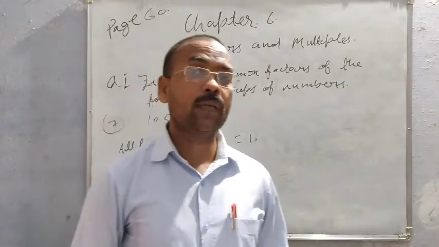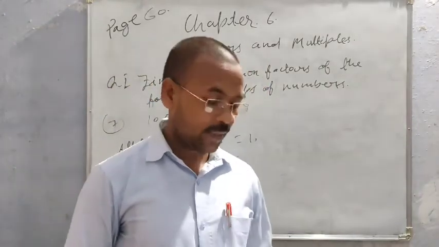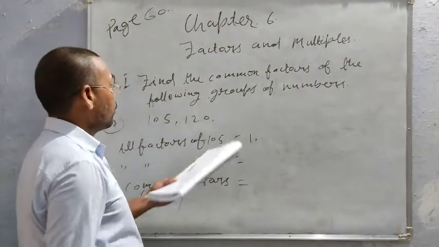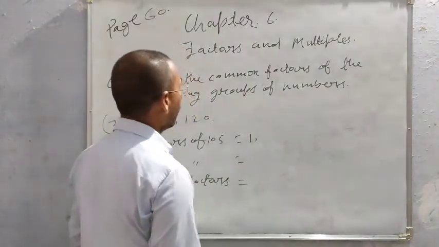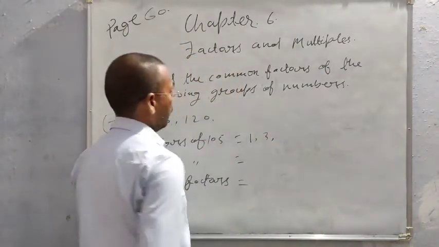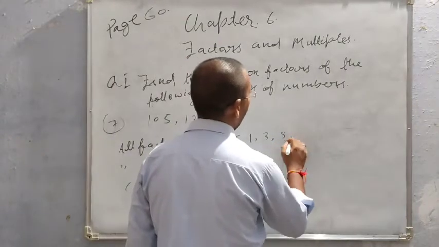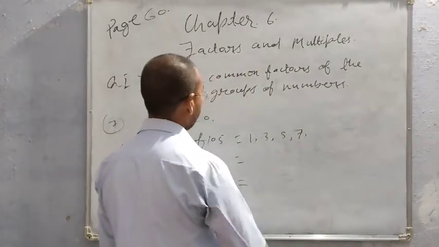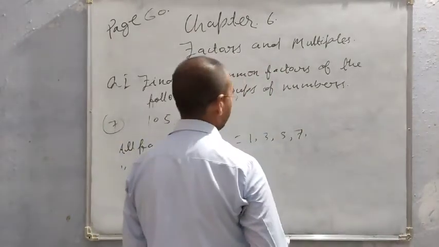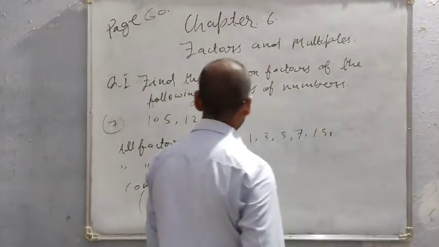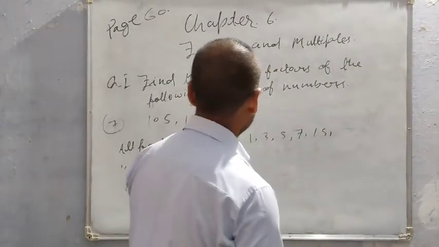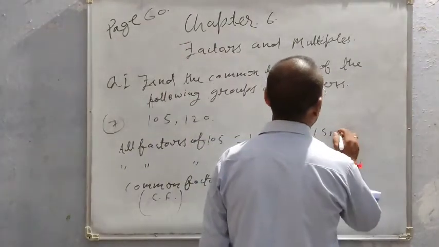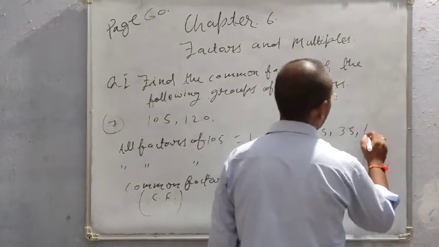If you don't know how to find factors, you are unable to find the HCF and LCM also, so it creates problems. So write all the factors of 105: 1 and 3, after 3, 5 and then 7, and then 15, and then 35 and 105.